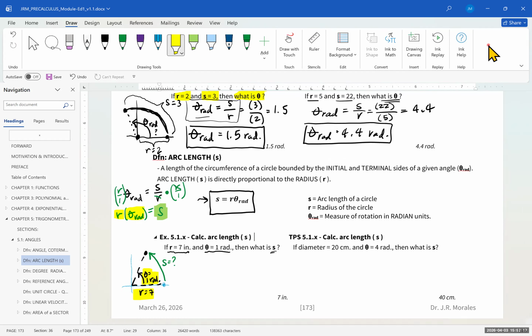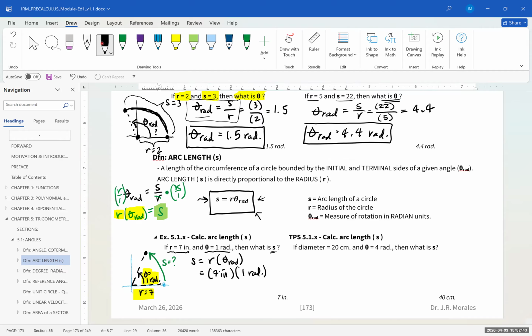We can now use this form of the relationship between those variables. We have s equals r times theta in radians. The radius is 7 inches, and the angle is 1 radian.